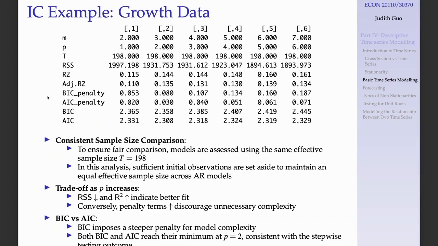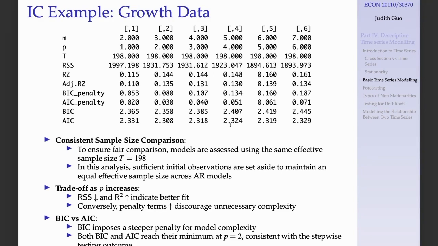Now, what's new today is the BIC and the AIC. And before looking at their values, the BIC penalty and AIC penalty explicitly give the value of the penalty term. So the BIC penalty is the value of M times the log of T over T for each model. We can see that the penalty term is increasing with the number of parameters.